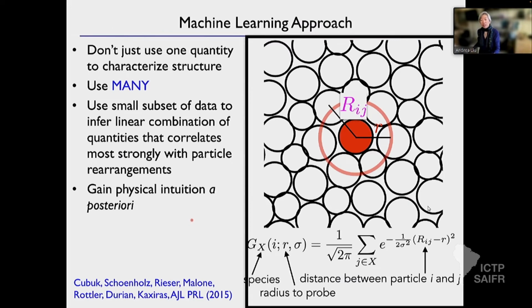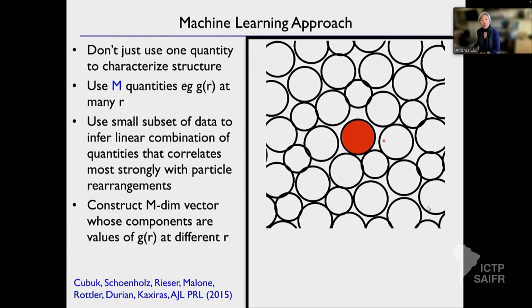So basically, what we look at is the pair correlation function. We look at the number of particles that have their centers at some distance r away from our central particle. If I'm trying to characterize the local structural environment of this red particle here, I'll look at how many neighbors I have at each distance r away, or what's the probability of finding a particle at distance r away.